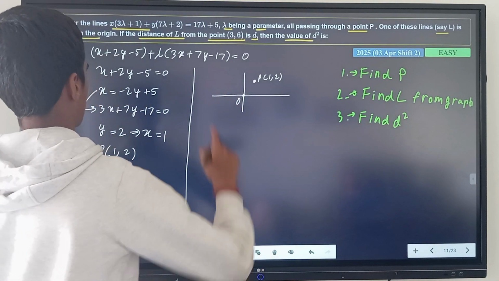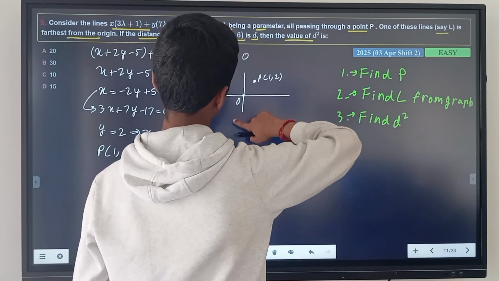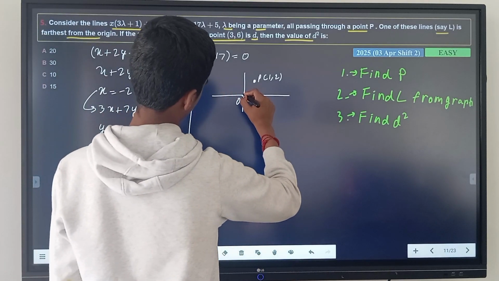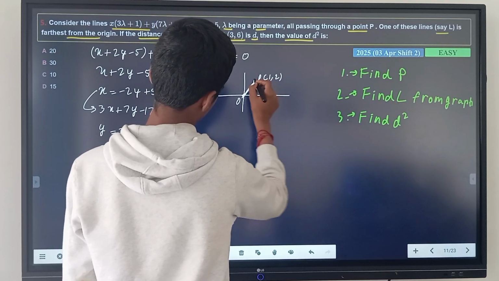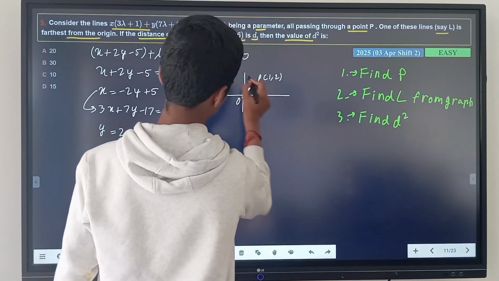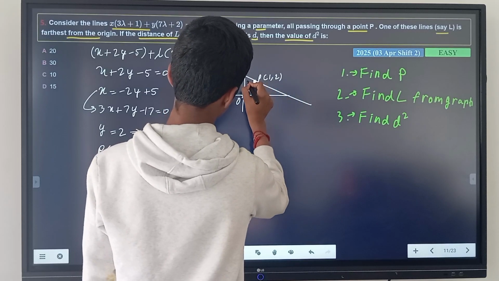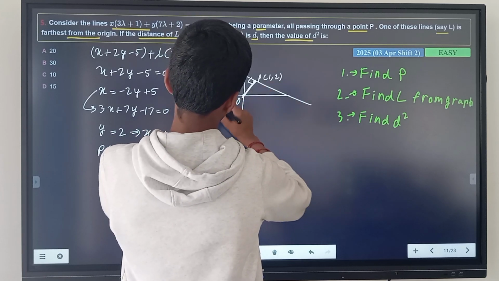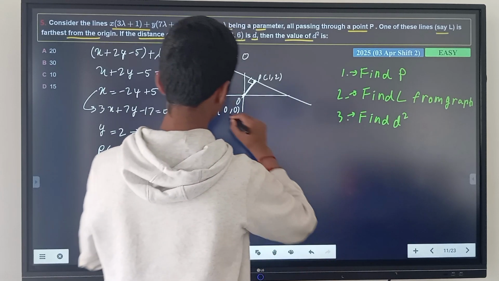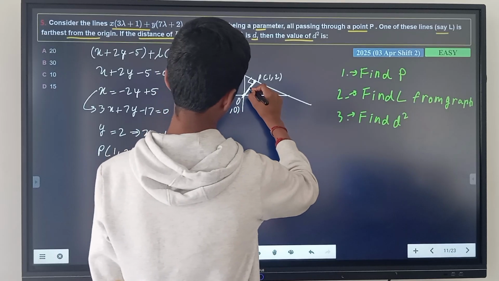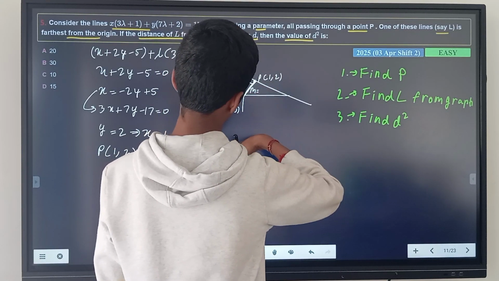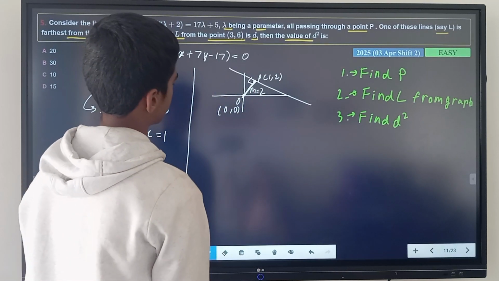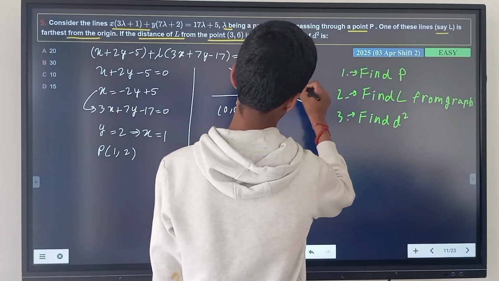Now the line which is farthest from the origin will be perpendicular to the line joining origin and the point P. This is perpendicular. So from here, slope of O and P, origin is again 0, 0, will be m is equal to 2 minus 0 upon 1 minus 0, which is 2. If this is 2, then slope of line will be minus 1 by 2.